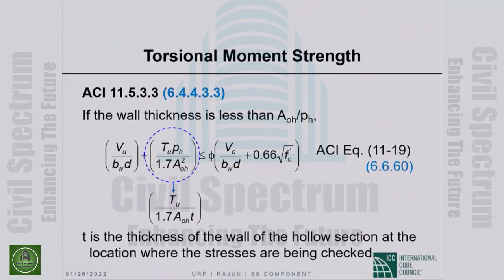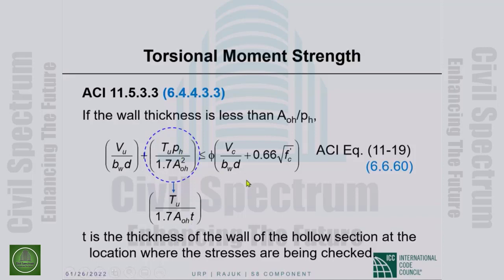If the wall thickness is less than the A sub 0 h by P sub h, A sub 0 h and P sub h were very carefully defined, then, so if the wall thickness is less than that, then in this expression, A sub 0 h by P sub h shall be replaced by the wall thickness t.